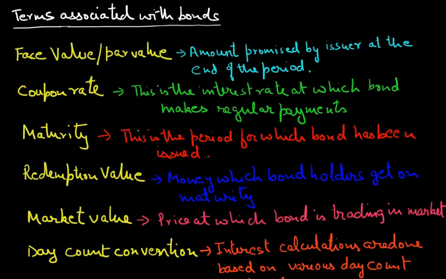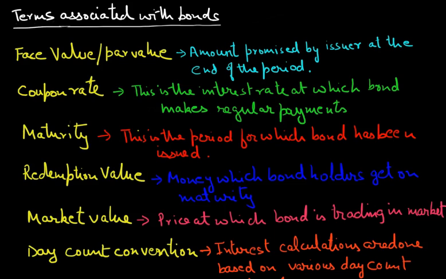Suppose there's a company X which has issued a bond for a particular price, and it says that after 3 years it will return 1,000 rupees to all the bondholders. So in this case, rupees 1,000 which will be given by company X to the bondholders after 3 years is the face value or the par value of the bond.